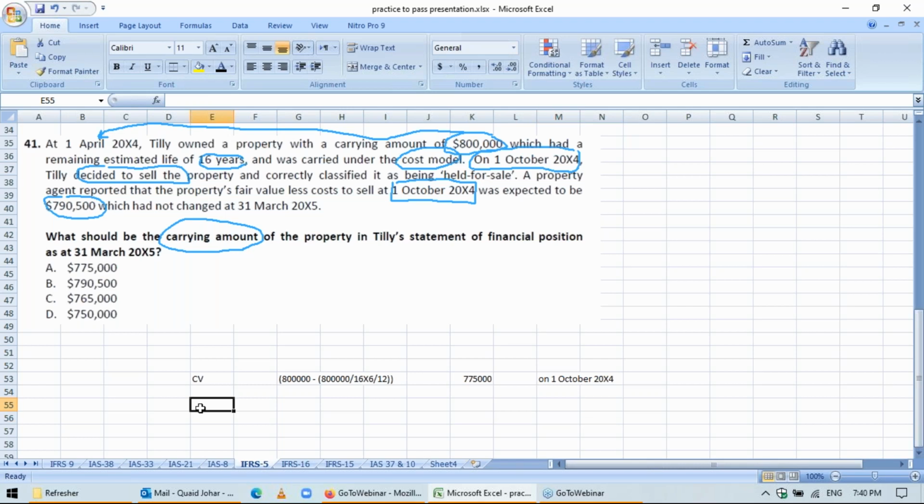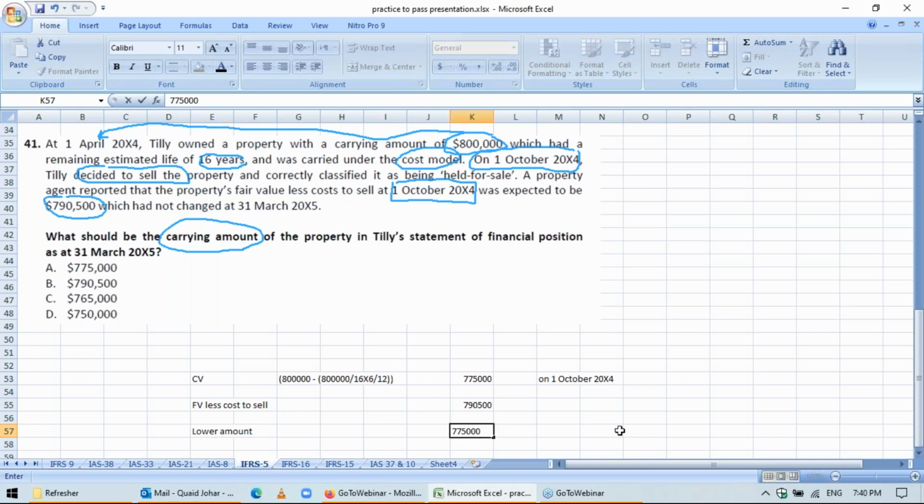Now, what is fair value less cost to sell? Fair value less cost to sell is 790,500. So at what amount will we report? We will report at the lower of both. The lower amount is 775,000.